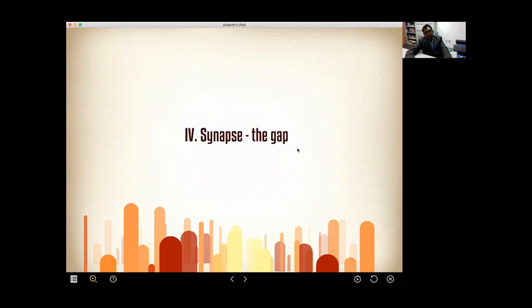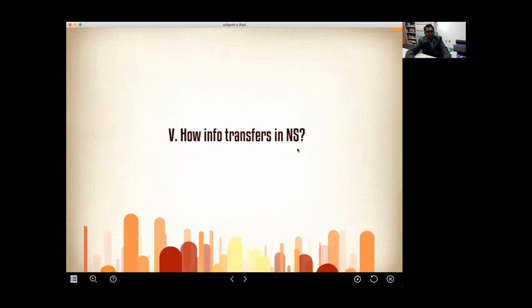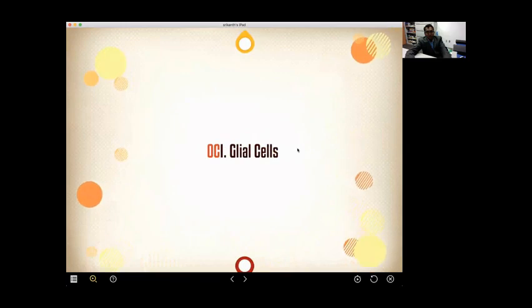Then we'll look at the gaps between the neurons called synapses. Then we'll talk about how information is transferred in the nervous system. So let's get started with glial cells.